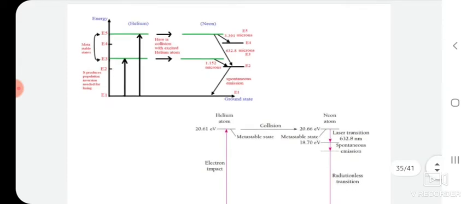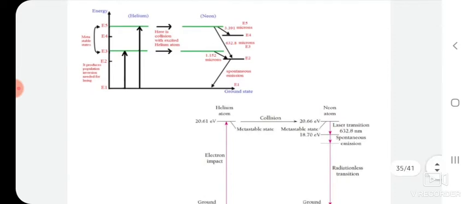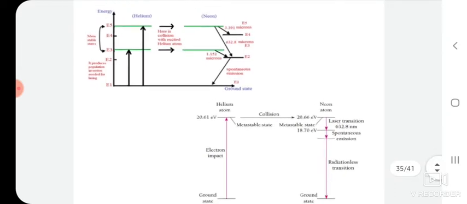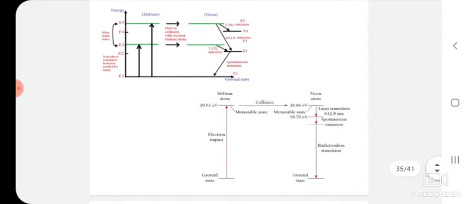From their ground state, some of the excited He atoms transfer their energy to the ground state neon atoms in collision, with 0.05 electron volt of additional energy being provided from the kinetic energy of the atoms.